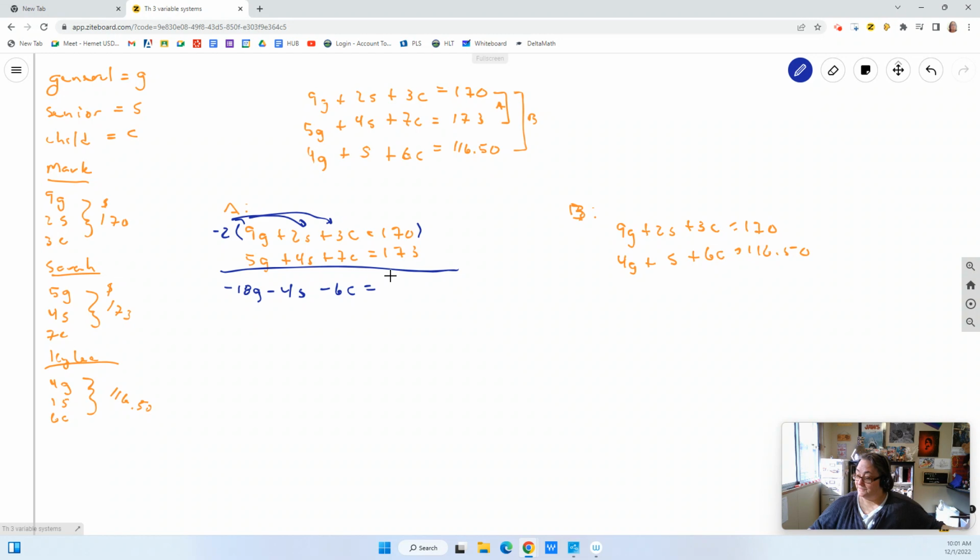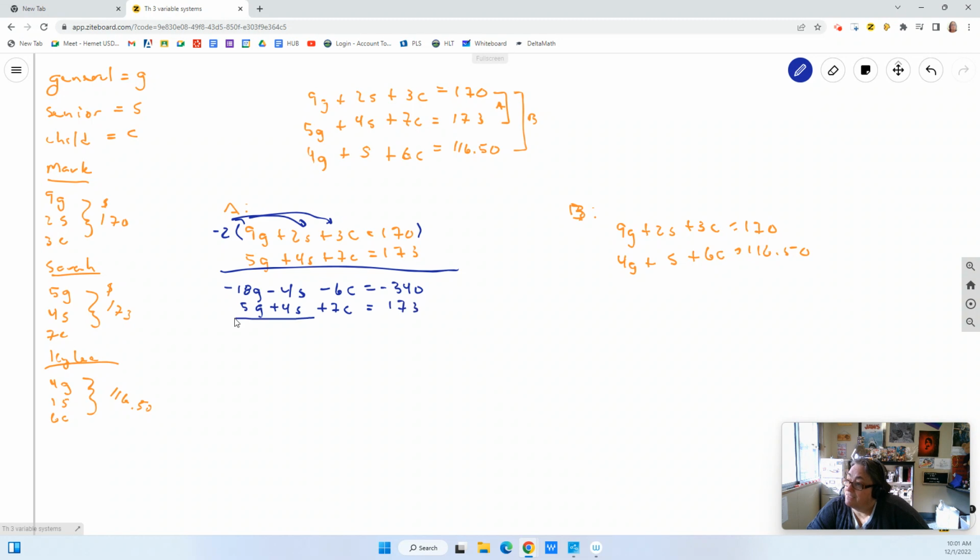I actually didn't solve these problems out yet, but it is okay. 170 is 340, but -340, right? Because we are multiplying times -2. And then this bottom equation, we just leave the same. So we can go 5G plus 4S plus 7C equals 173.